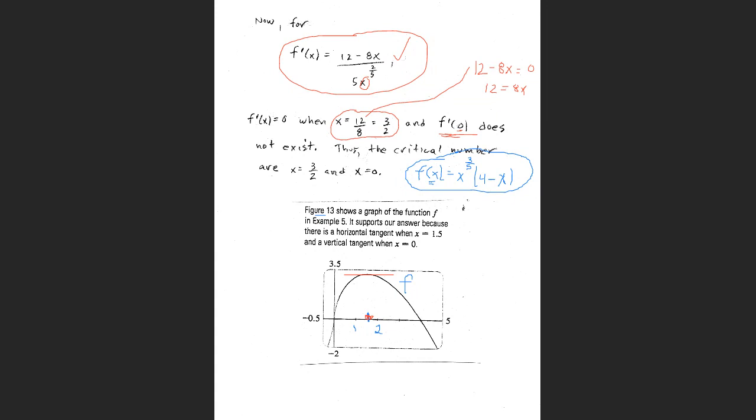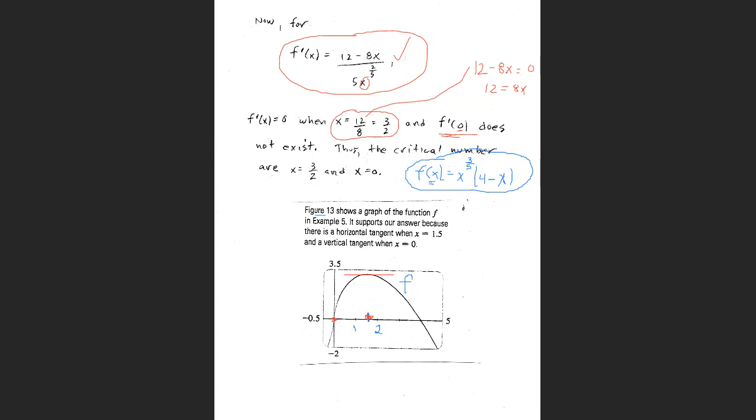And at x equals 0, you can see the function isn't an asymptote, because the function is defined at x equals 0, but the slope is like positive infinity at x equals 0.